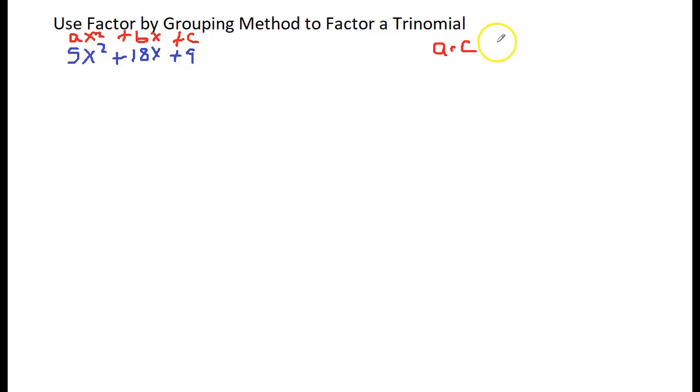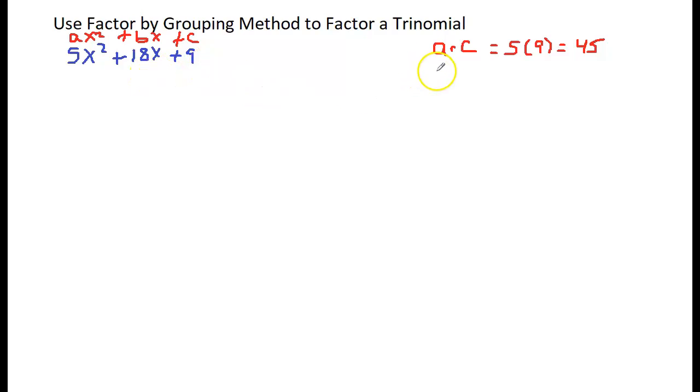So that means 5 times 9, and that gives me 45. Okay, so I need to find numbers that multiply to give me 45, but when I add them together, I want them to equal this middle term of 18.